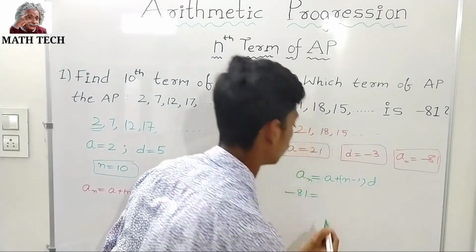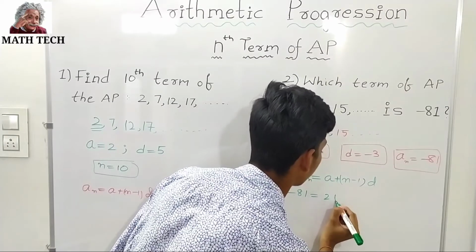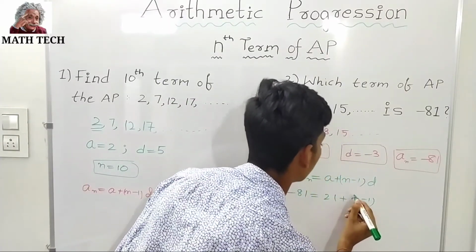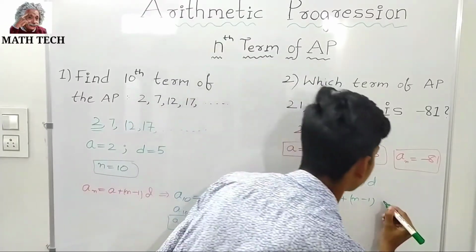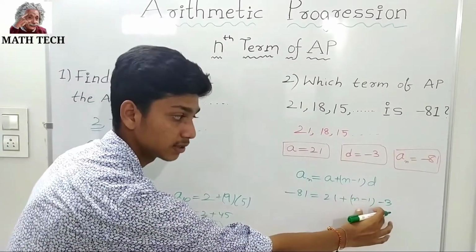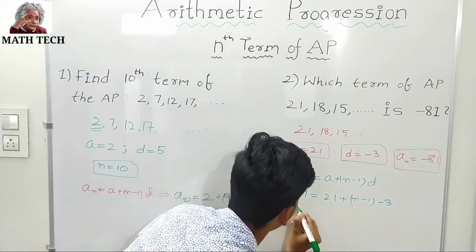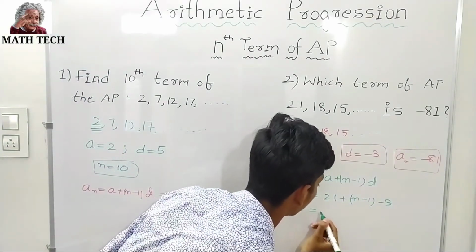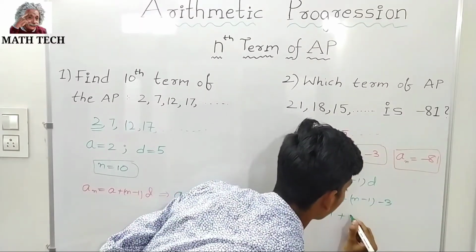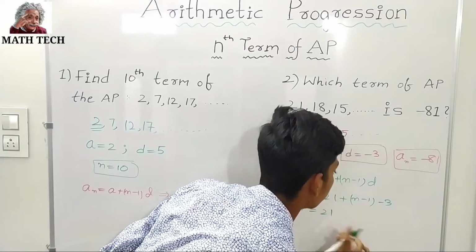Minus 81 is equal to 21 plus (n minus 1) into minus 3. If you expand this, we get minus 81 is equal to 21 plus n into minus 3, minus 3n.